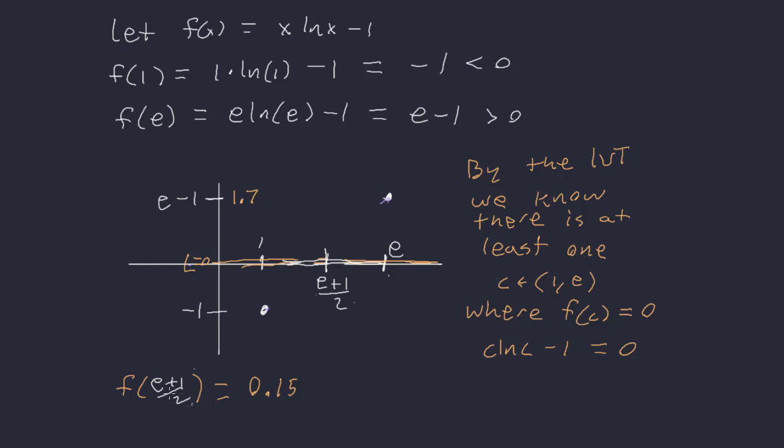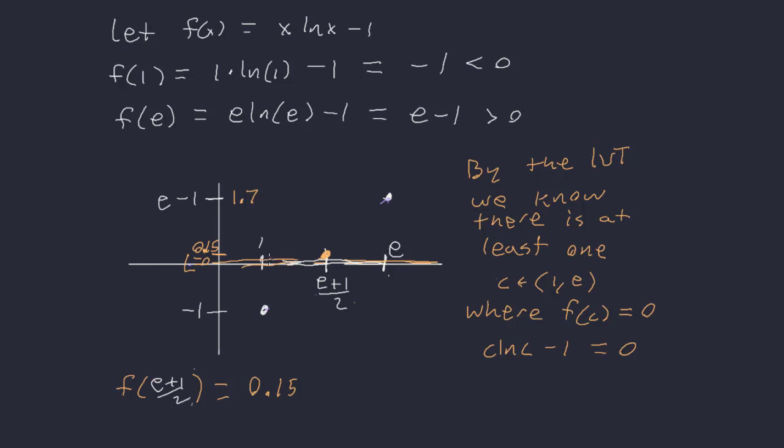So at e plus 1 over 2, we got about 0.15. So here f of 1 is negative, and f of e plus 1 over 2 is positive. So this is definitely closer to 0.